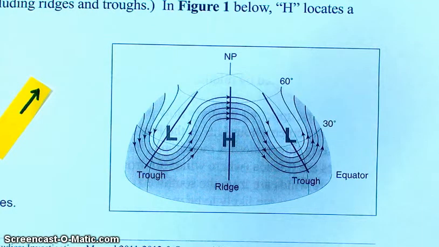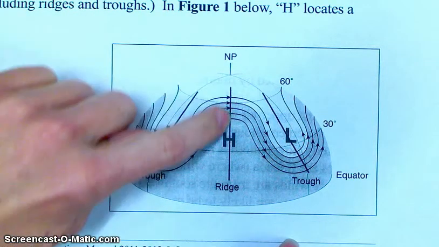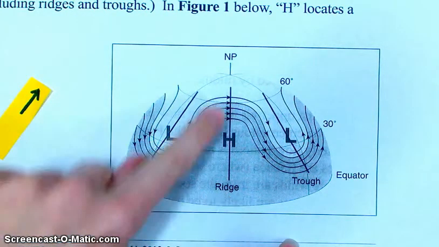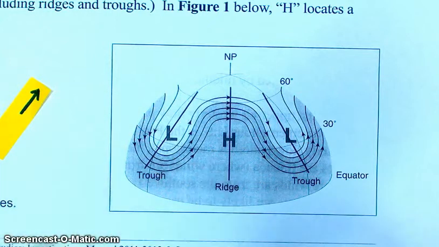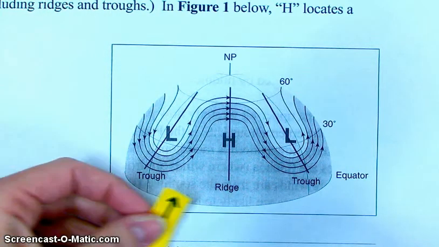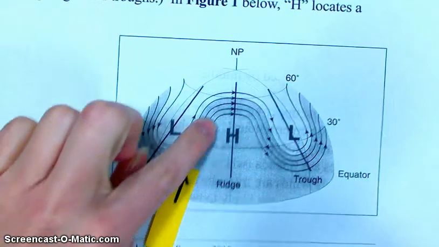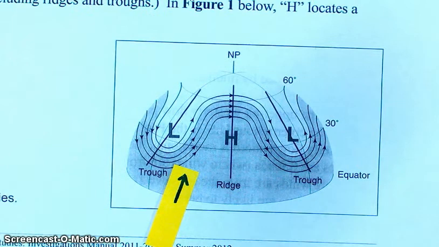As shown in figure 1, a line can be drawn that divides a ridge into 2 roughly symmetrical sectors. So they divided the ridge, and this is a ridge line. Note that west of the ridge line, winds are from the southwest, which is a warm weather direction.